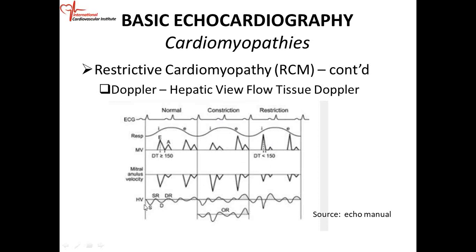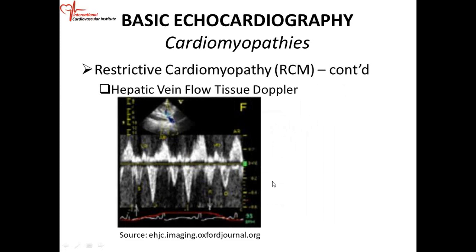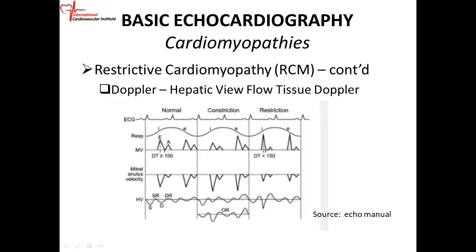And then when you look at your hepatic vein flow, in expiration for constrictive pericarditis, your atrial flow reversal is going to be increased in expiration. Whereas in restrictive cardiomyopathy, the increase in your atrial flow reversal is with inspiration.